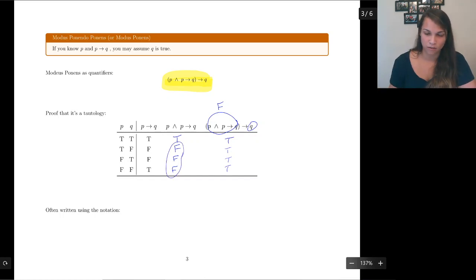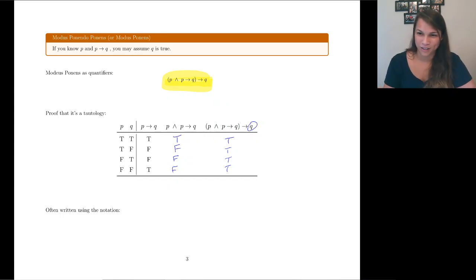So because these are all false, we get that these were all true. And there you go. It's a tautology, and that's why our rule of inference works. In fact, all the rules of inference are going to be tautologies, and that's why these work, and we can use these lines of reasoning for proving things.